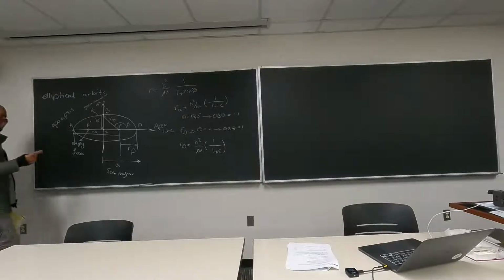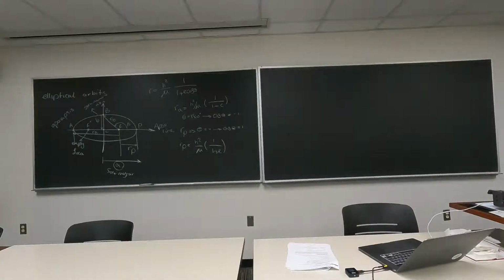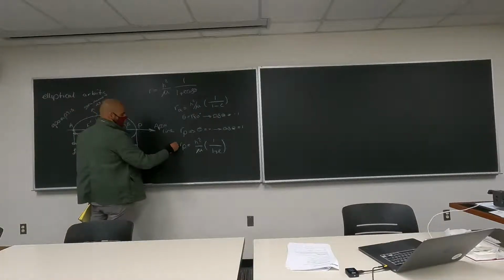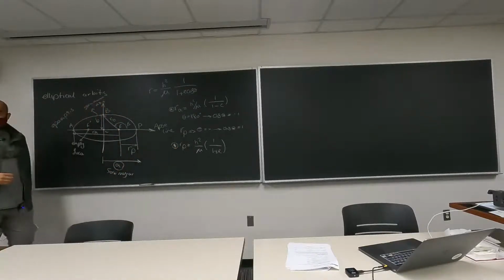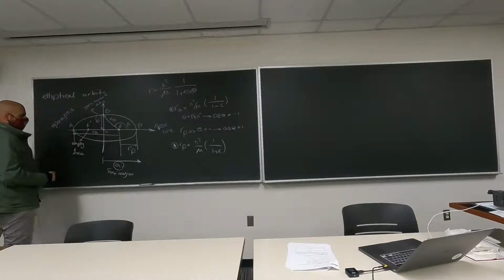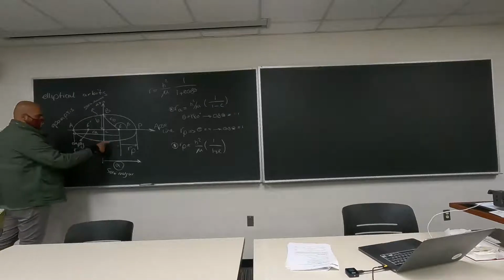How can we find the length of the semi-major axis, A? What do you think that is? Let's talk about it in terms of RA and RP. It is not RA minus RP. This is this length, right? We'll talk about RA minus RP, but it's essentially RA plus RP divided by 2.